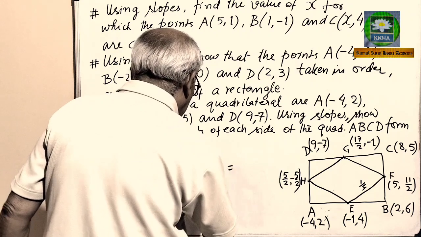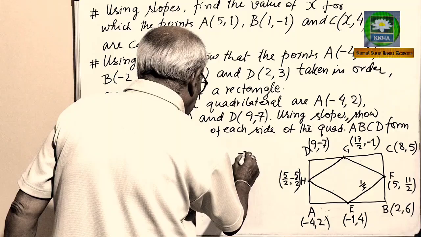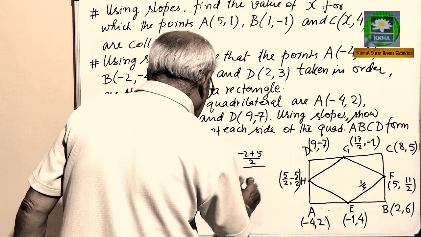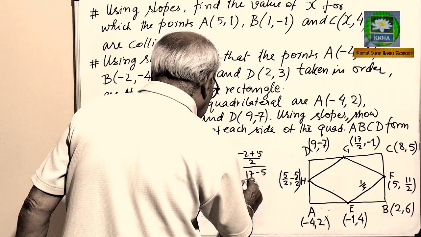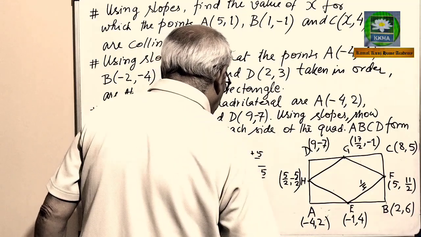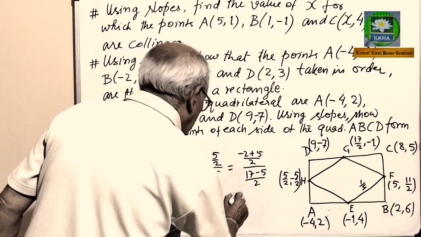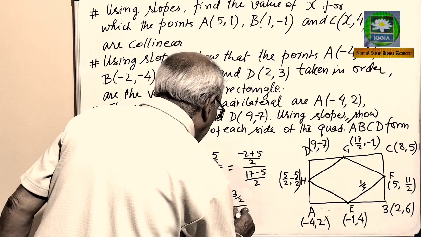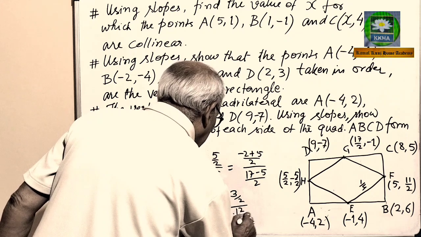This is equal to (-2 plus 5) divided by 2 over (17 minus 5) upon 2, equal to 3 upon 2 divided by 12 upon 2.